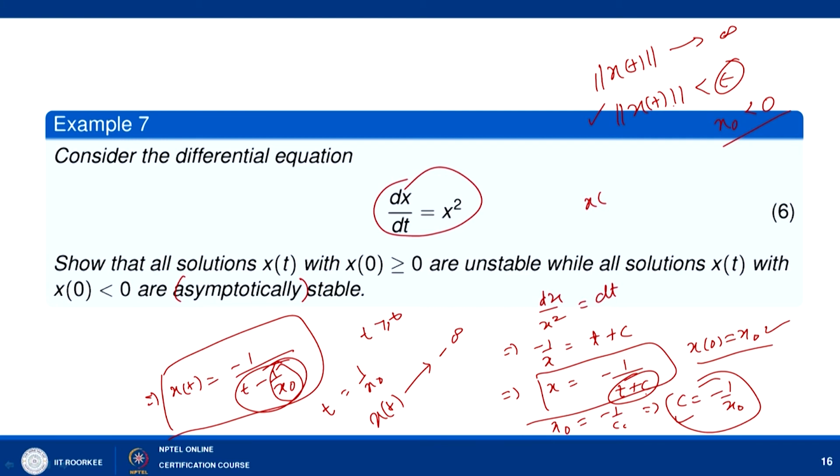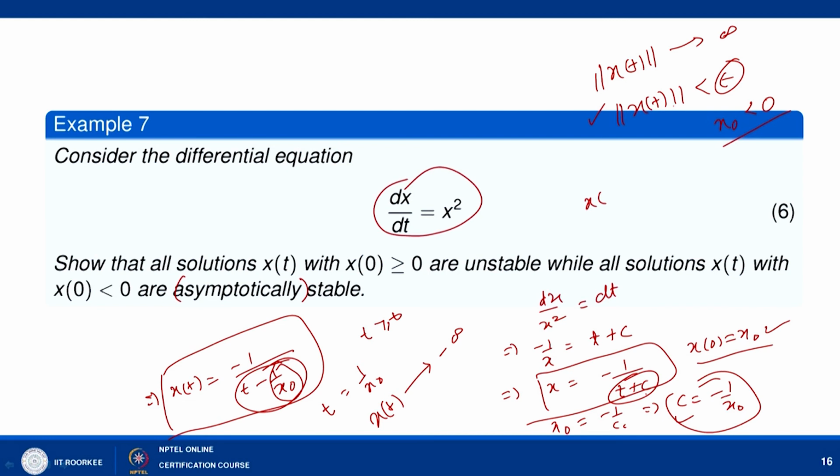So, in this case if the initial condition is non-negative, then the 0 solution is unstable, and if the initial condition is negative, then the solution is asymptotically stable, it is stable, and as t tends to infinity the solution is tending to 0.